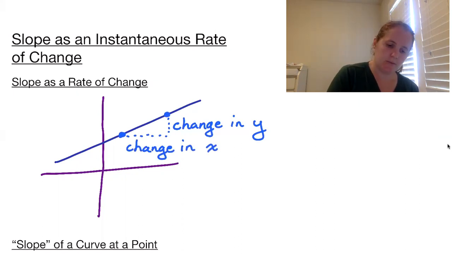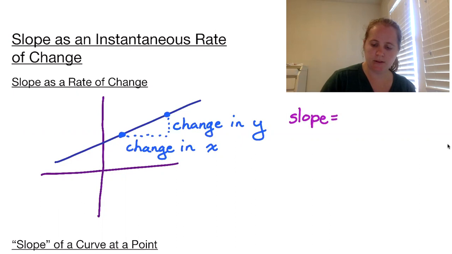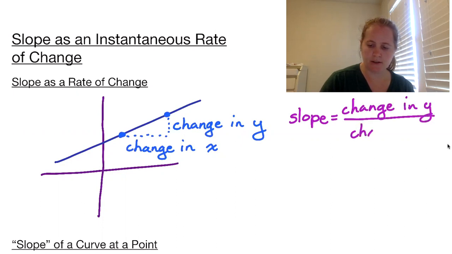And slope was equal to the change in y over the change in the x value.